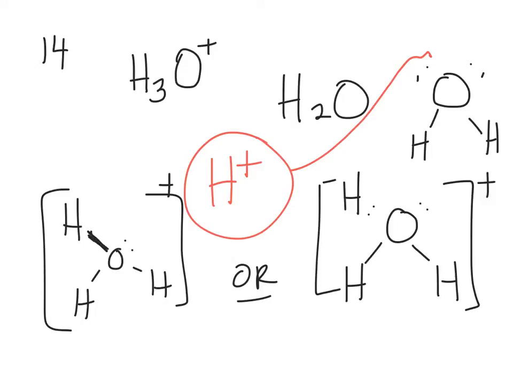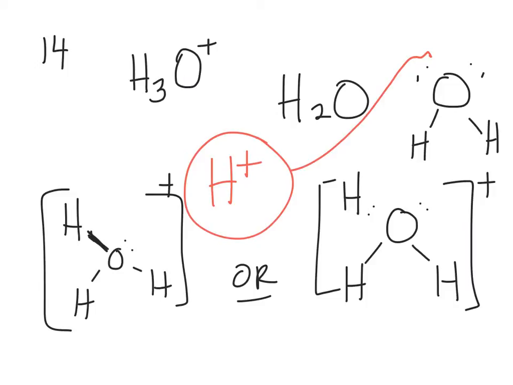Now, B, I think, was what types of bonds? Name the bonds. What type of bonds do we have? Are they ionic or covalent? No. Covalent.